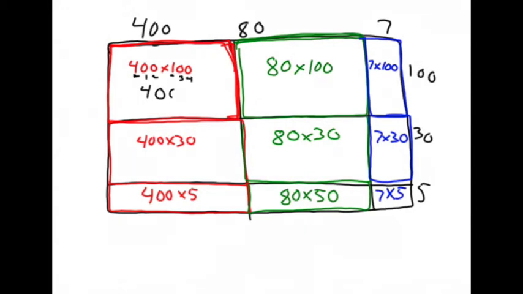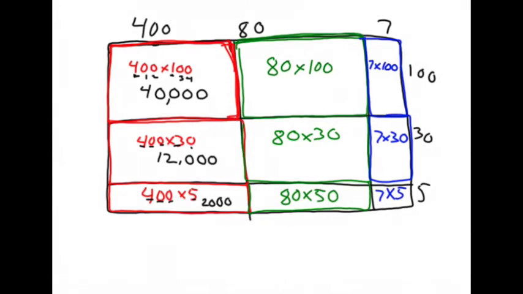So I'm going to put the 4 zeros down, and then I'll put my comma where it needs to go. Down below, the math fact is 4 times 3, which is 12, with 3 zeros, 12,000. 4 times 5, which is 20, with 2 zeros, 2,000.